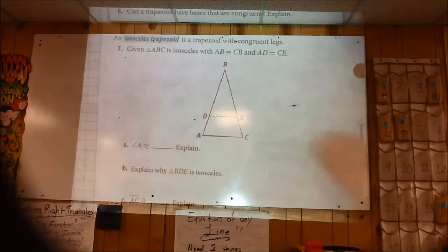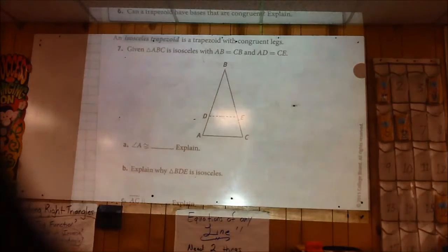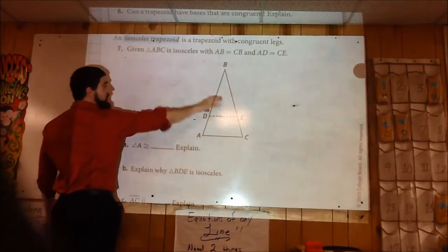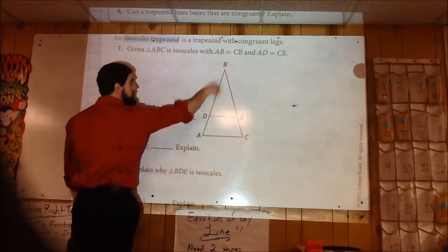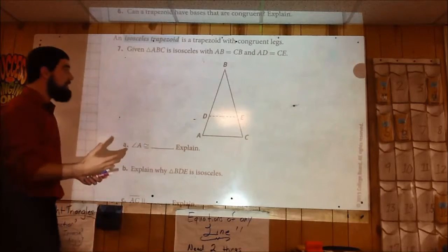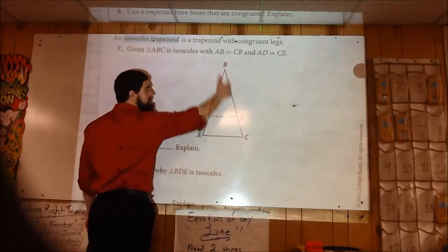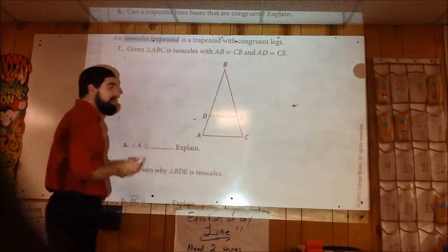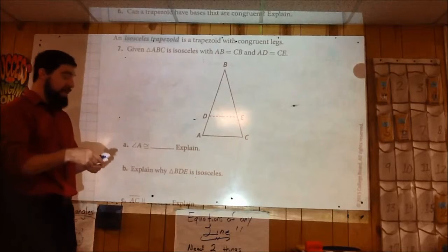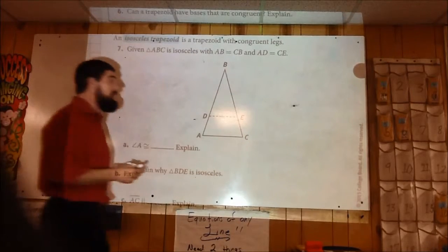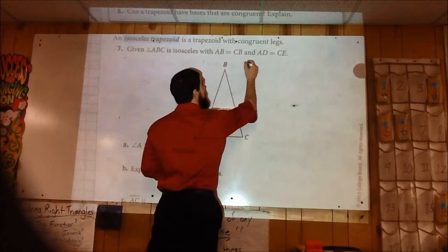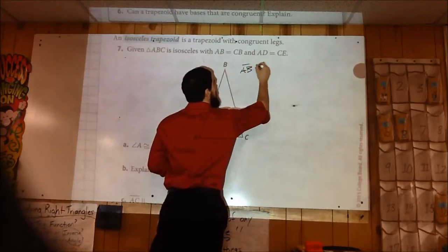So here on item 7, it gives us some information, and it tells us that this triangle, the large triangle ABC, is isosceles with this segment AB having the same length as segment CB. Remember that if 2 segments have the same length, then by the definition of congruent segments, you can state that they are congruent.